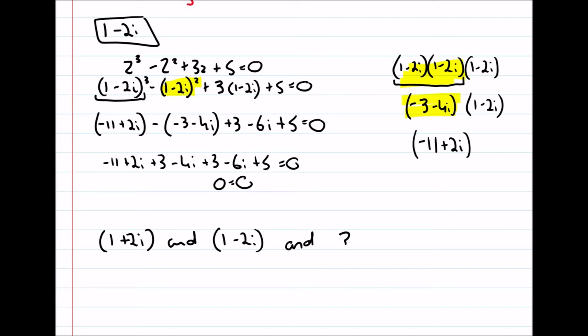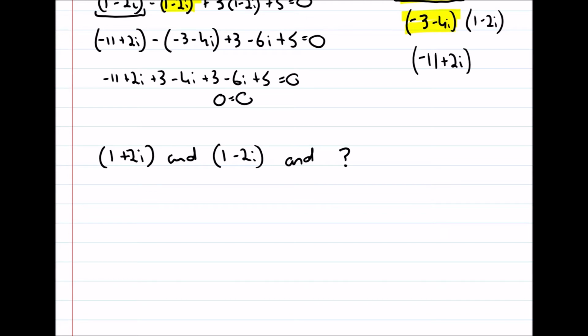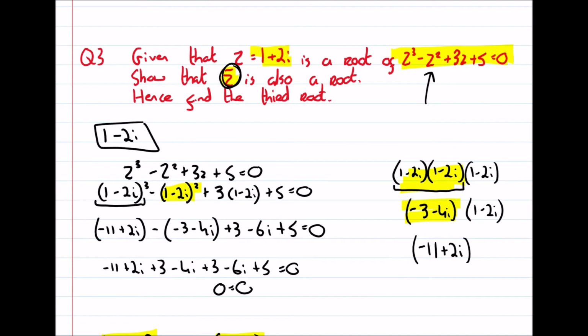I don't know the third root. However, if I use these to get a quadratic expression, and then if I divide that quadratic expression into this cubic expression, my answer will be the third root.